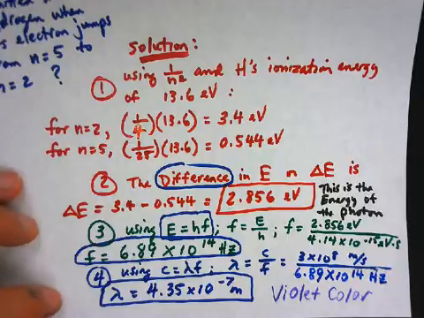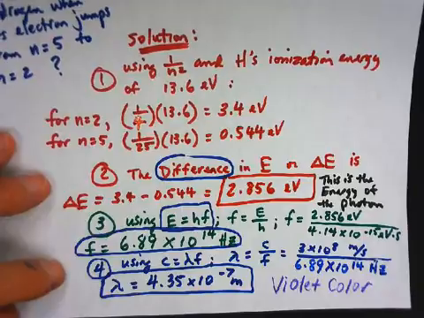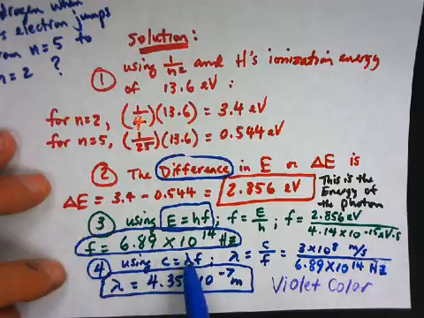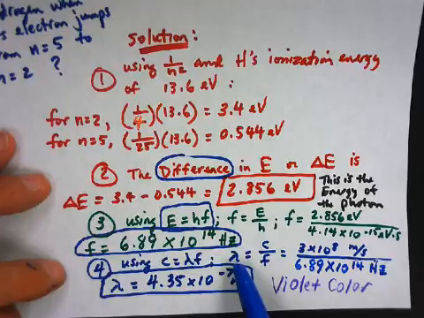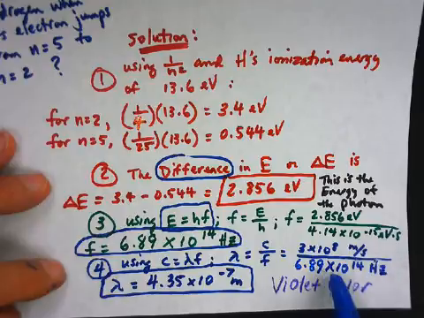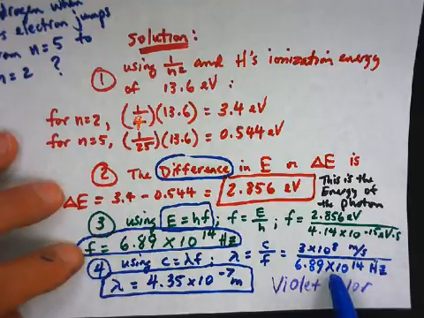But it didn't ask for frequency, it asked for wavelength. So we need to go one step further and use our wave speed equation. Speed of light equals wavelength times frequency. Rearranging for lambda, or the wavelength, lambda equals c over f. That's 3 times 10 to the 8th meters per second over the frequency, which we just found.